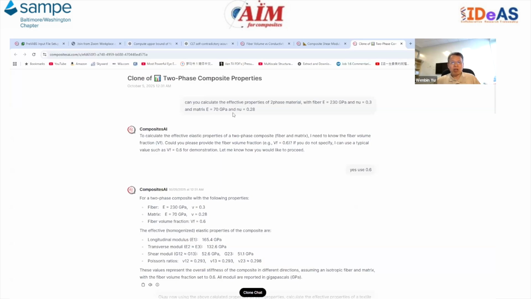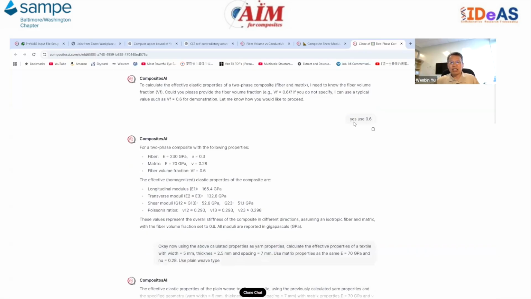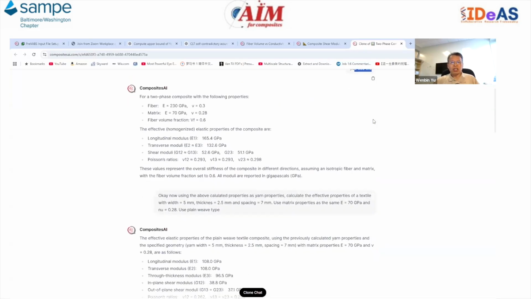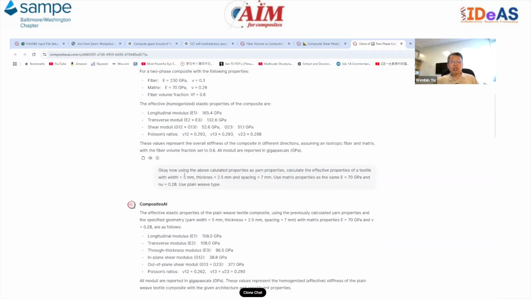For example, here I'm asking, can you calculate the effective properties of two-phase materials? So for fiber and matrix, that's basically trying to predict the yarn property. Ask them to use 0.6 as the volume fraction. Then use this as yarn properties.